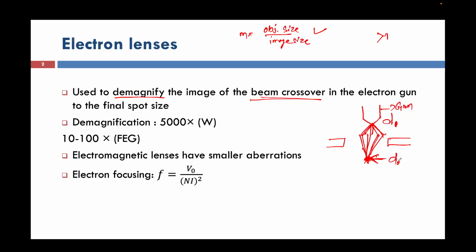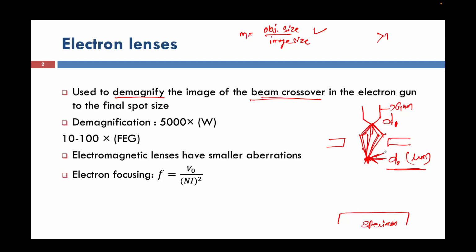If I'm talking about the beam crossover, the diameter of this beam crossover is d naught, right? So this d naught will be in the order of, let's say, micrometer. But even if it is in the order of micrometer, if we want to characterize any structural features in the image, then we need to get d naught as small as possible. So what do we do? Let's say our specimen is situated somewhere here.